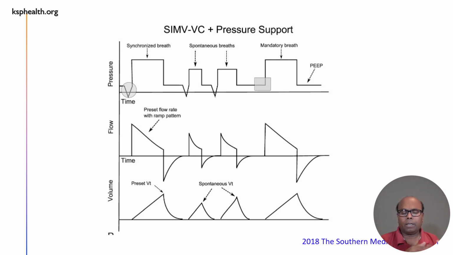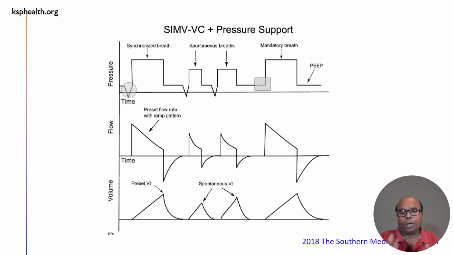Most of the modern ventilators have two sensors, both flow sensors and pressure sensors. So, for example, if the patient is supposed to get one breath every 5 seconds, the ventilator waits for the 5 seconds. In between, if the patient triggers, the ventilator gives a breath.